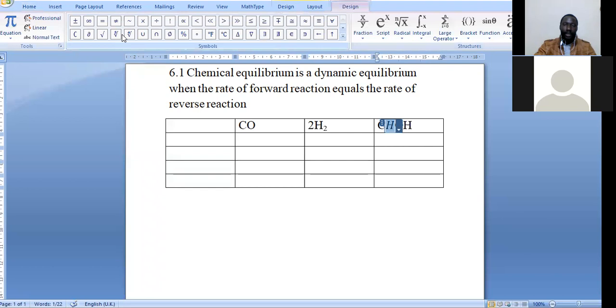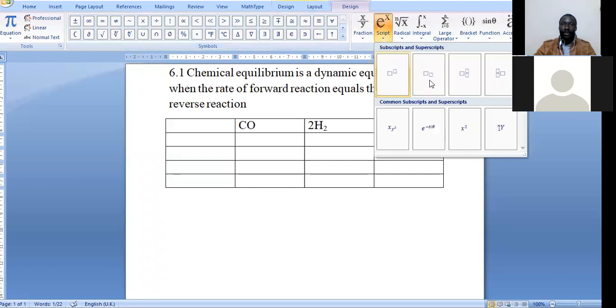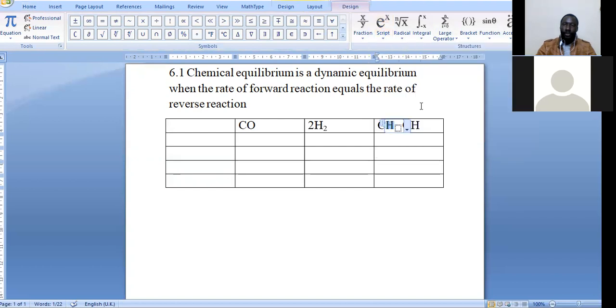Let's deal with it like this. The subscript will come right here. All right, so there we go.